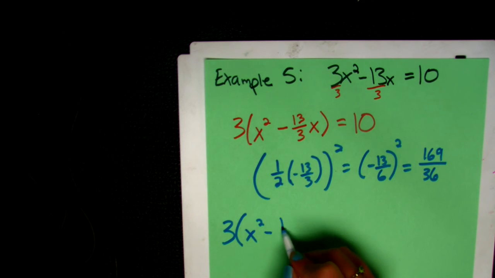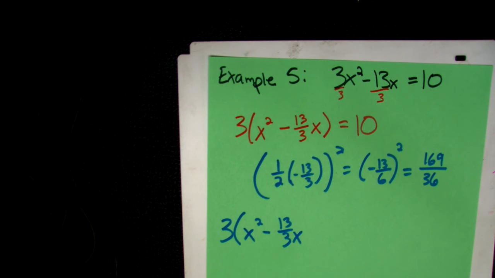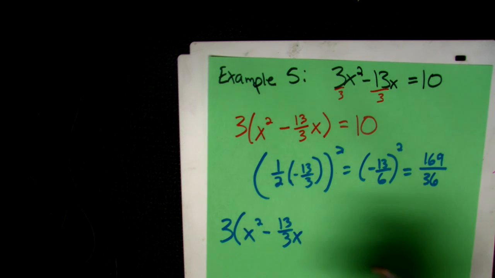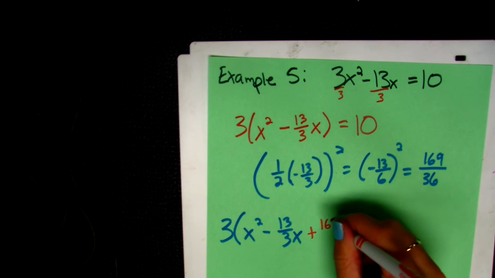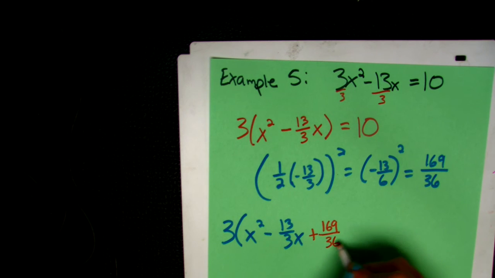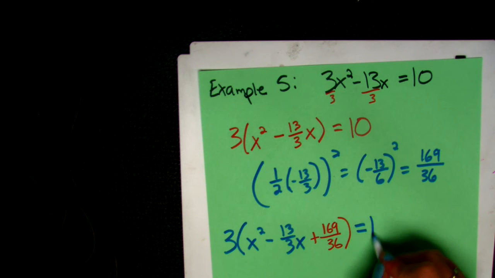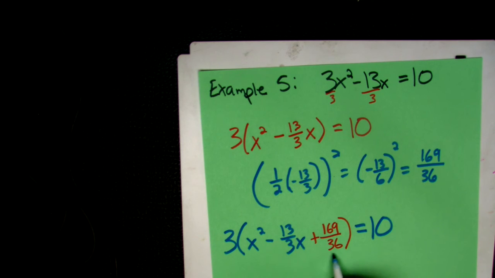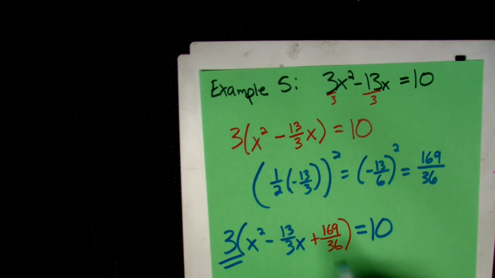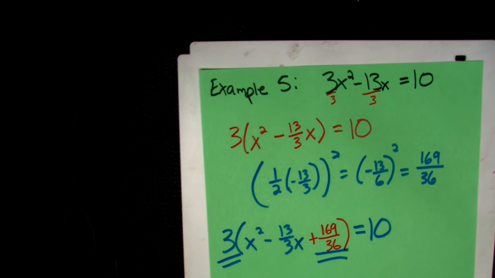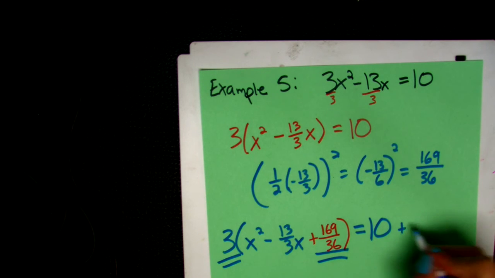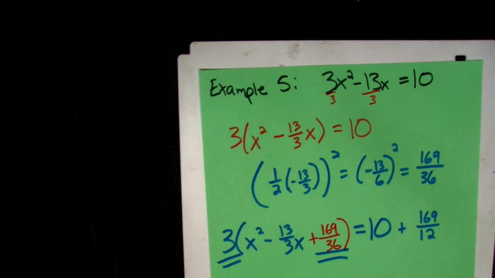So here's x squared minus 13/3 x. And then I'm adding 169/36. Okay? However, when I add it to the other side, remember, I'm not just adding 169 over 36, I'm adding 3 times 169 over 36. So 3 times 169 over 36 is actually 169 over 12.